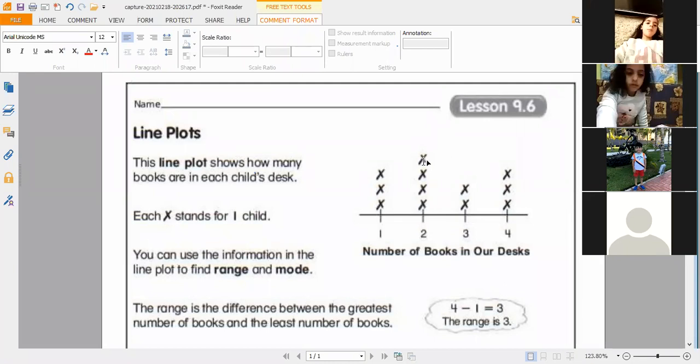We said these x's refer to children. And if we ask how many children choose three books, it will be two children. So how many children choose four books, Malik? One, two, three. Three. Okay.